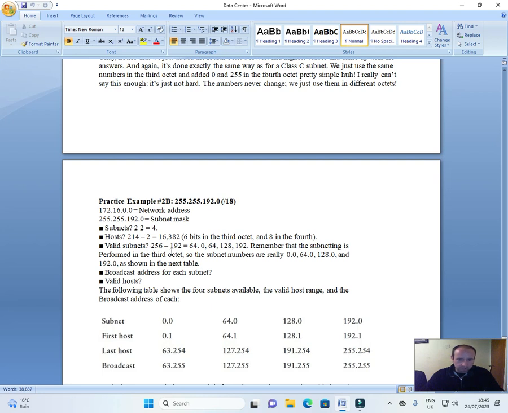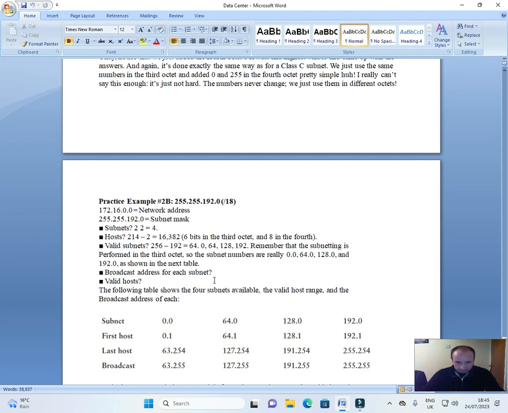Valid subnets: 256 minus 192 equals 64. So 0, 64, 128, 192. Remember that subnetting is performed in the third octet, so the subnet numbers are really 0.0, 64.0, 128.0 and 192.0, as shown in the next table.